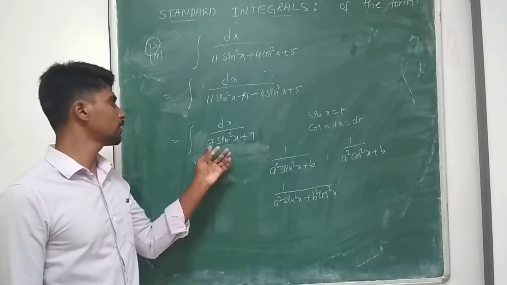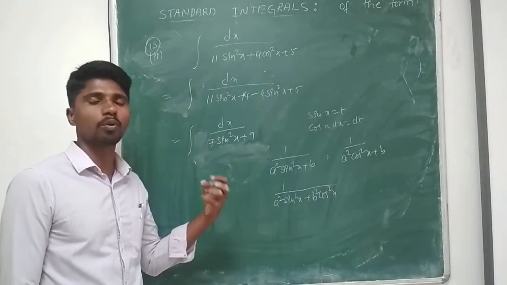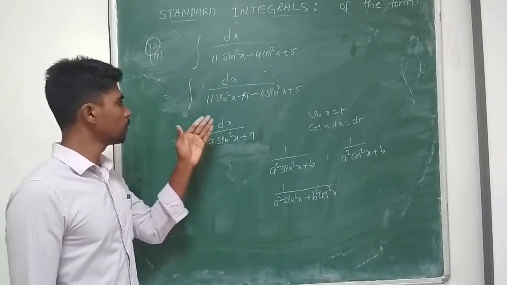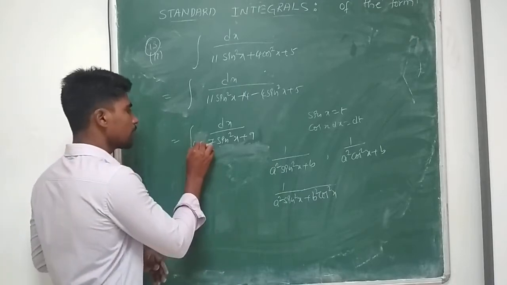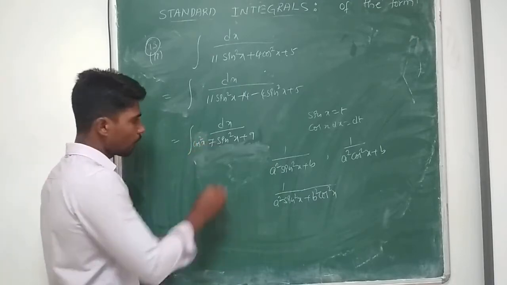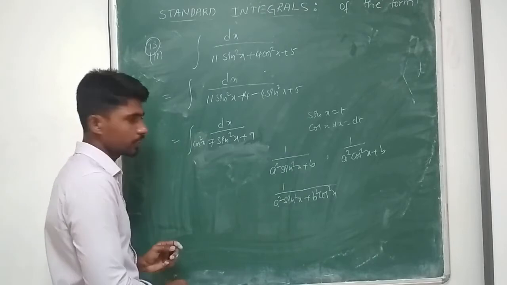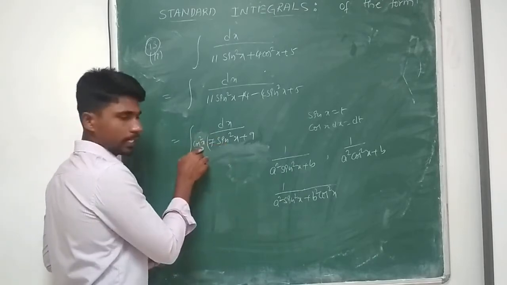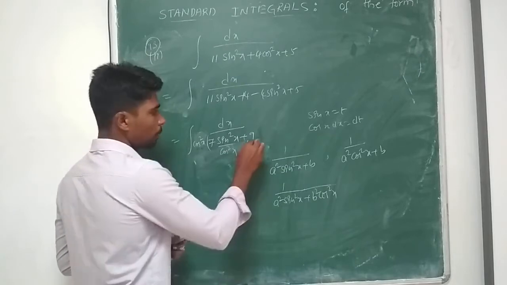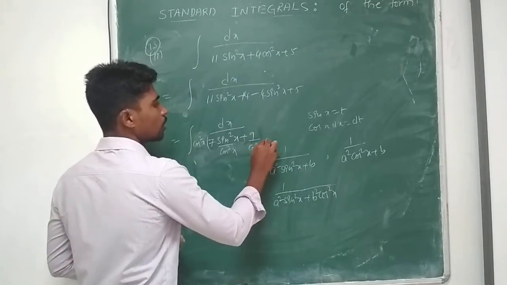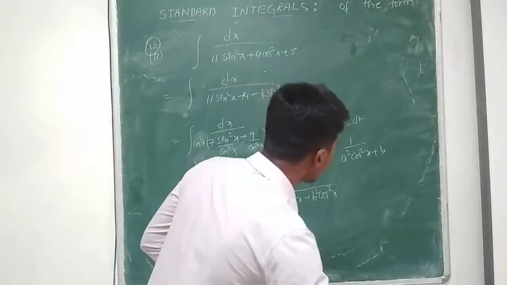So if I want to convert this one in the form of tan, how can I do it? I have to multiply and divide it by cos square x. Then cos square x into 7 sin square x by cos square x plus 9 by cos square x.